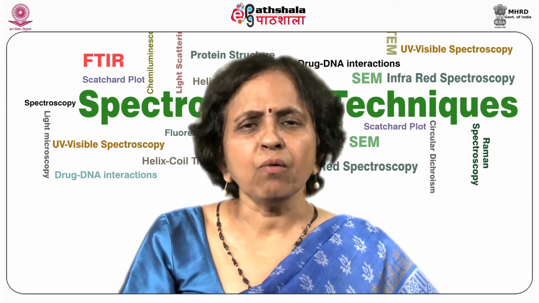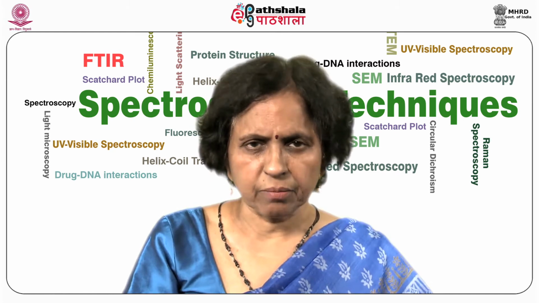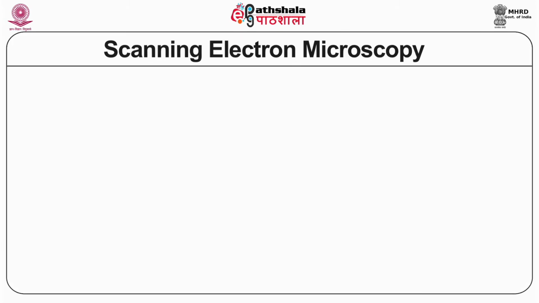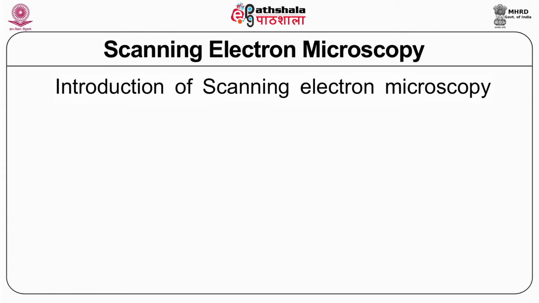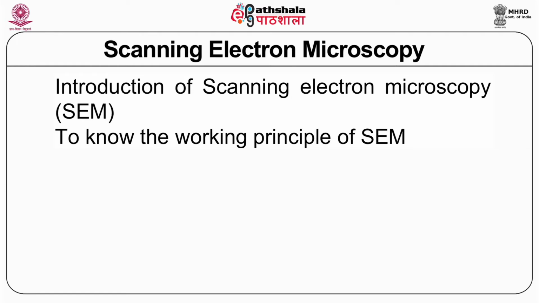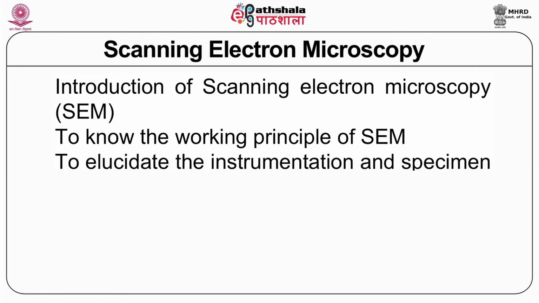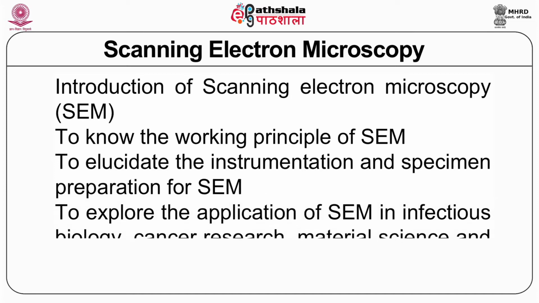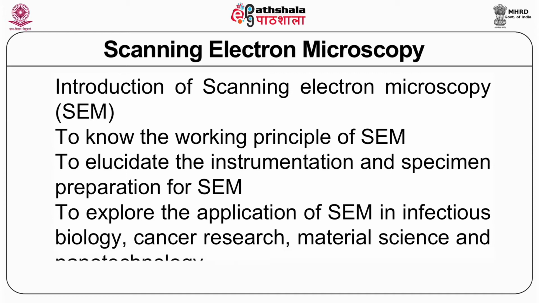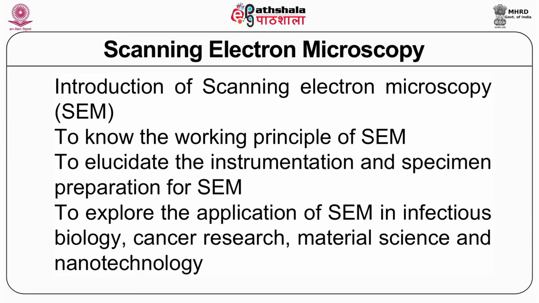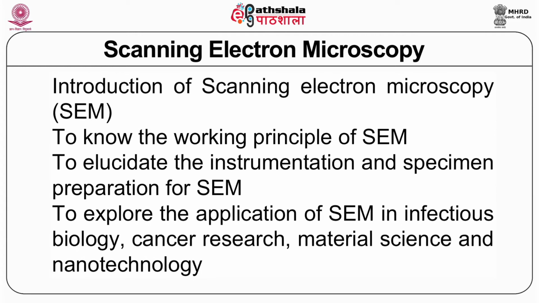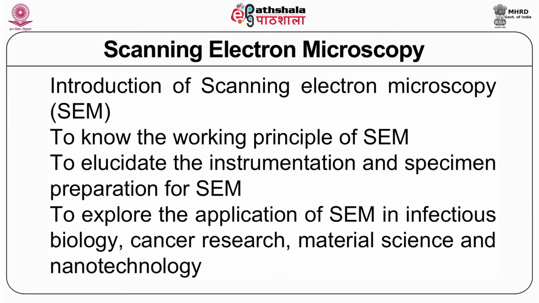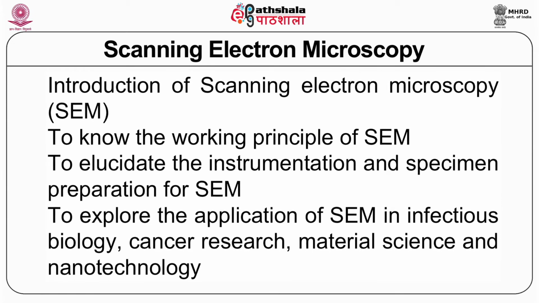So how are the TEM and SEM different? SEM is scanning electron microscopy. So the next is the scanning electron microscope. Now this is again with a small introduction to scanning electron microscopy. What are the working principles based on which this is developed, and this is actually used mainly to elucidate the structural organization in a cell, and also the main purpose is to use it as an application to understand the surface details of microorganisms.